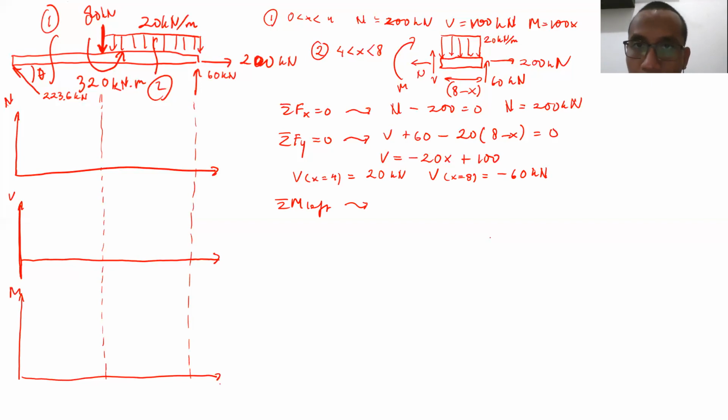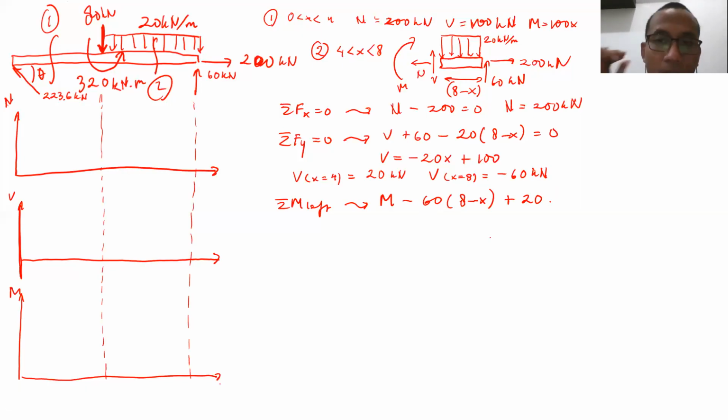What I will get there will be, if clockwise is positive, moment minus 60 multiplied by the moment arm, 8 minus x, because it's counterclockwise, so it's negative, and plus 20 from the distributed force, it's clockwise, multiplied by the length of the distributed force, in this case 8 minus x, and the moment arm.